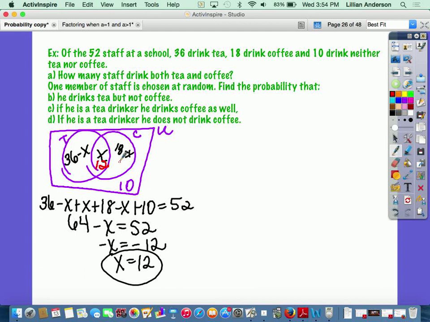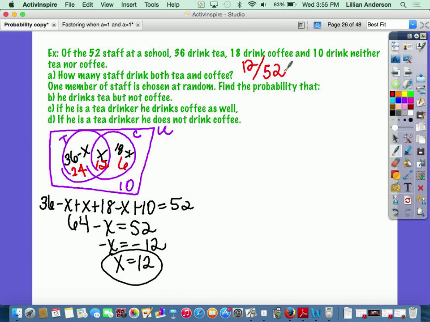Which means that there are 6 who drink just coffee, and then there are 24 who drink just tea. And if we check, 24 plus 12 plus 6 plus 10 does add up to be 52. So, how many staff drink both tea and coffee? Well, that is 12 out of the 52 people.